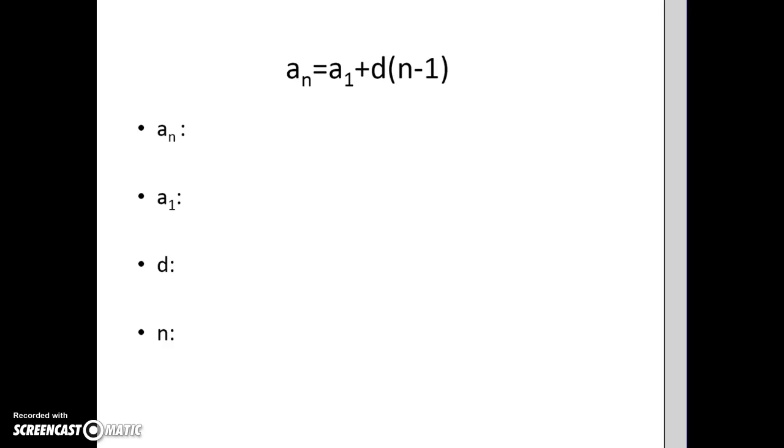Just like geometric sequences, with an arithmetic sequence, the a sub n is the term in the pattern that you're looking for. The a sub 1 is the first term in the pattern. And you can remember that because it is a sub 1 for first.